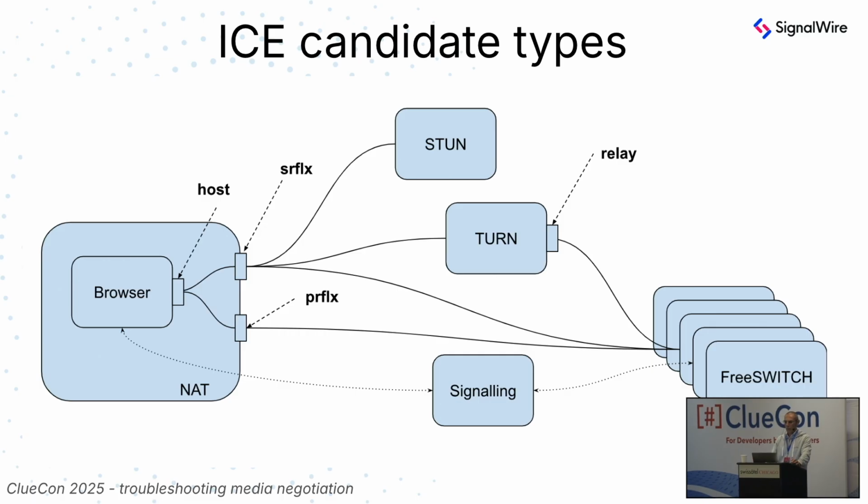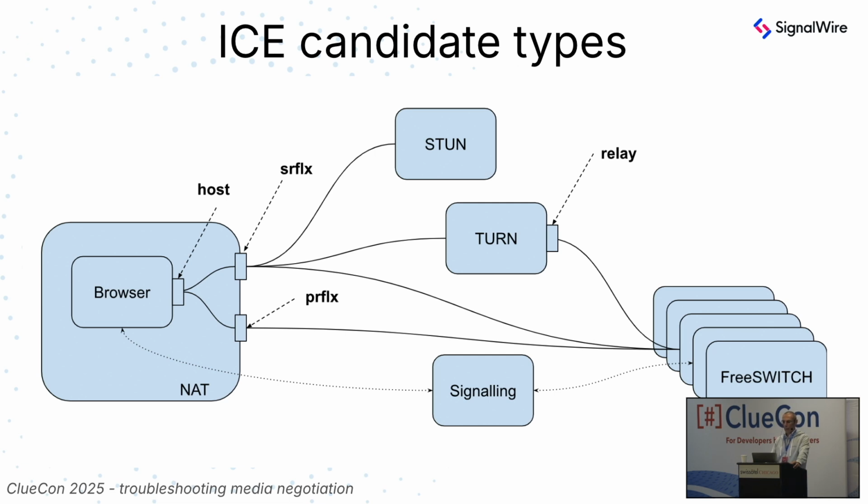And through the help of a STUN server, it can discover the IP address and port that it's actually using for going out from the NAT that it's in, which is not directly accessible to the browser. And if it uses a TURN server, then for relaying, it will discover the relay candidate. The relay candidate will be basically allocated in the TURN server.